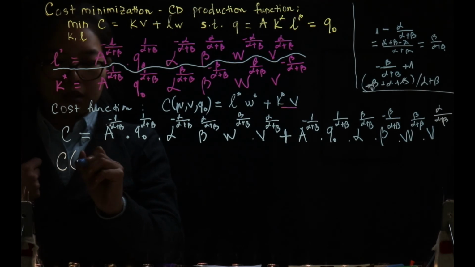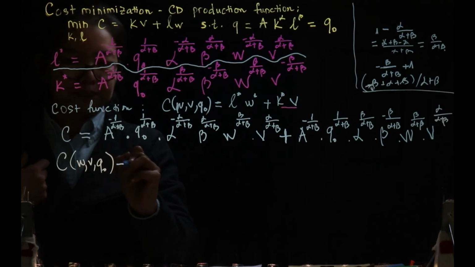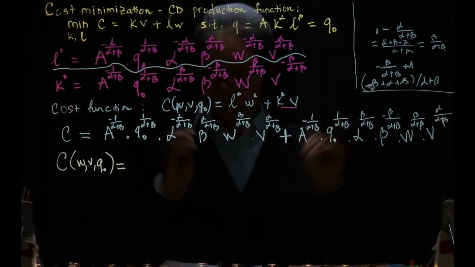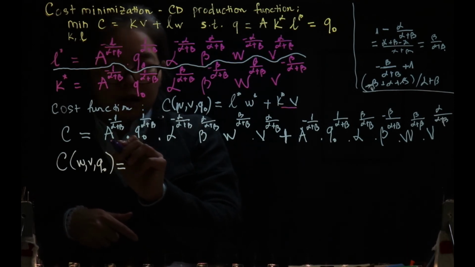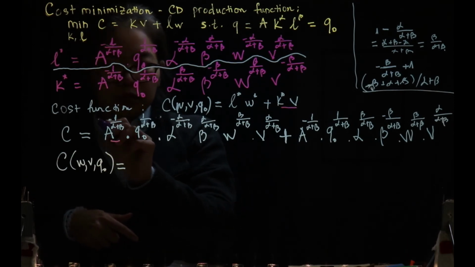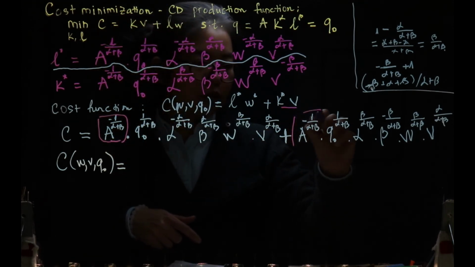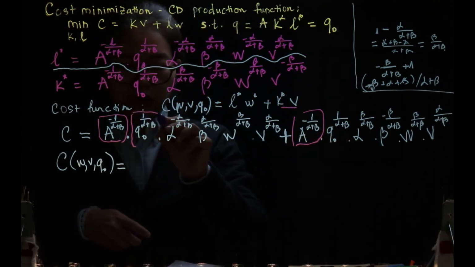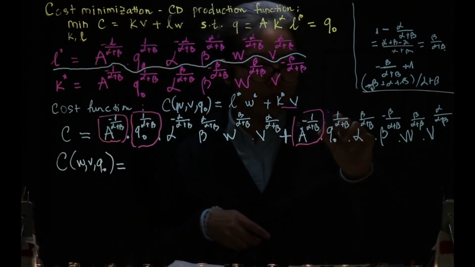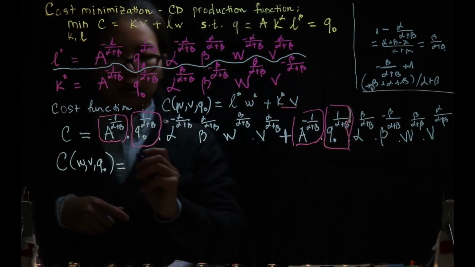So let's say W, V, Q0 over here equals. Do it step by step. We have, let's see what is similar here. A to the power of minus 1 over alpha plus beta. The second thing is the Q0, also stays the same here, right? Sorry, okay, I crossed it, I messed it up.